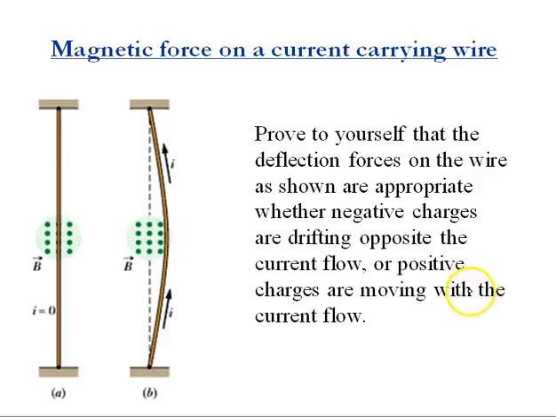So I recommend that you pause this video and prove to yourself that as soon as this current's turned on, whether it's positive charge flowing upward or negative charge flowing downward, the force on the charge carrier will be to the right. And you can use your right-hand rule to prove that, the right-hand rule associated with the cross product.